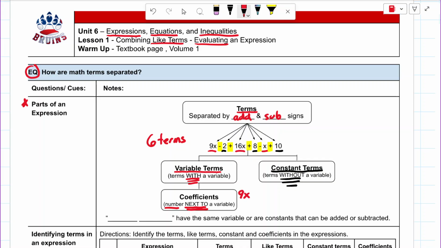We don't say 9x is the coefficient, we say that 9 is the coefficient to x. And we also say that 16 is the coefficient to x. And then we can also say x. Well, what's the coefficient there? It's the number right in front. Well, what is that number? It's not a 0, because 0 times x would be 0, and the x would not be there. It is a 1.